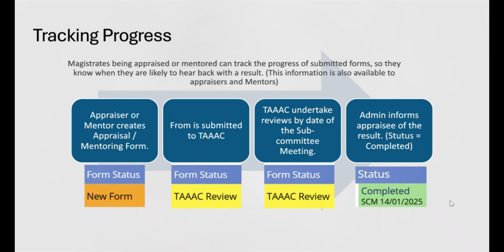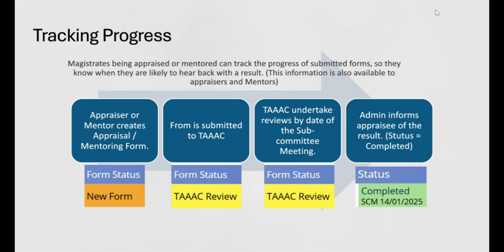The application also allows appraisees, appraisers and TAAAC members to more easily track the progress of an appraisal from start to finish. This is done via a status of that particular appraisal or mentoring form. So when a new form is created, the form has a new form status.